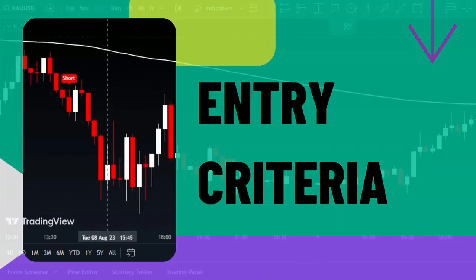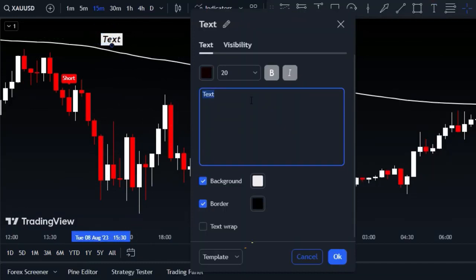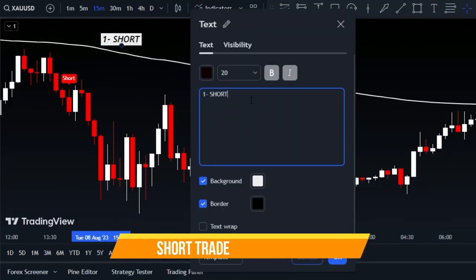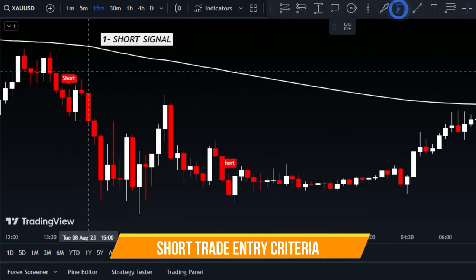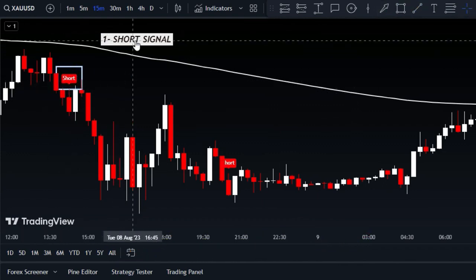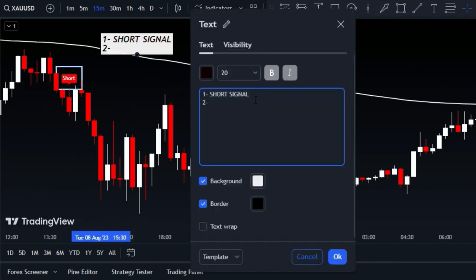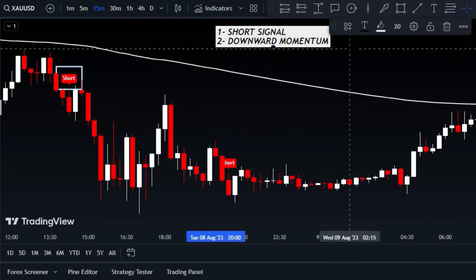Alright, it's time to establish the entry criteria for our trades. First, let's focus on the short trades. To initiate a short trade, we require the initial indicator to generate a short signal. As the second step, the market trend should be bearish, meaning the price is trading below the 200 period moving average.